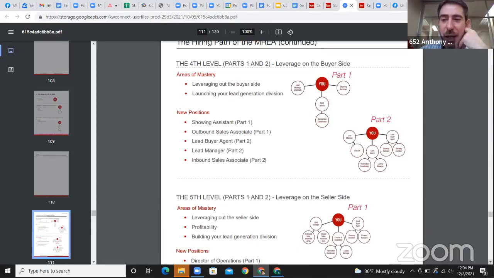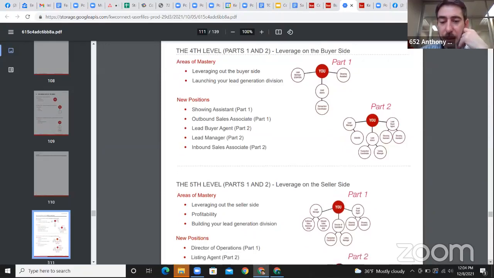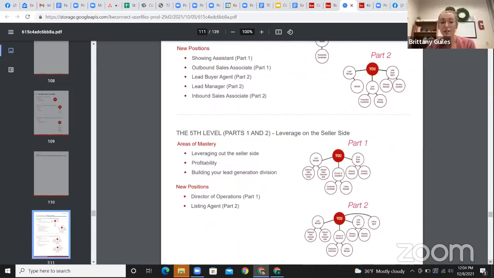So any advice you can give us in growing through these models? I could literally think of specific people that I know, they started out as a showing agent because that's what filled their bucket at that time. But then they learned and they grew, and then they became an ISA, and then they learned and they grew, and now they're managing other ISAs.